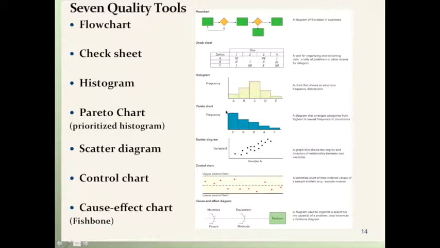What you do is you simply sort the defects. I don't know if you remember, early on we talked about the 80-20 rule, the Pareto effect. This is where 80% of your problems come from 20% of the sources. So the best way to find that 20% is to do this Pareto chart.